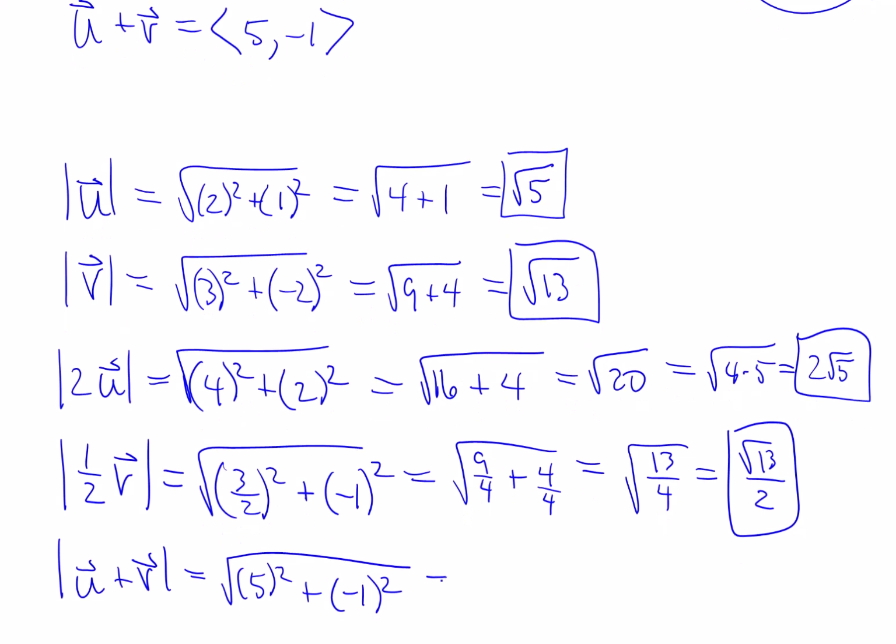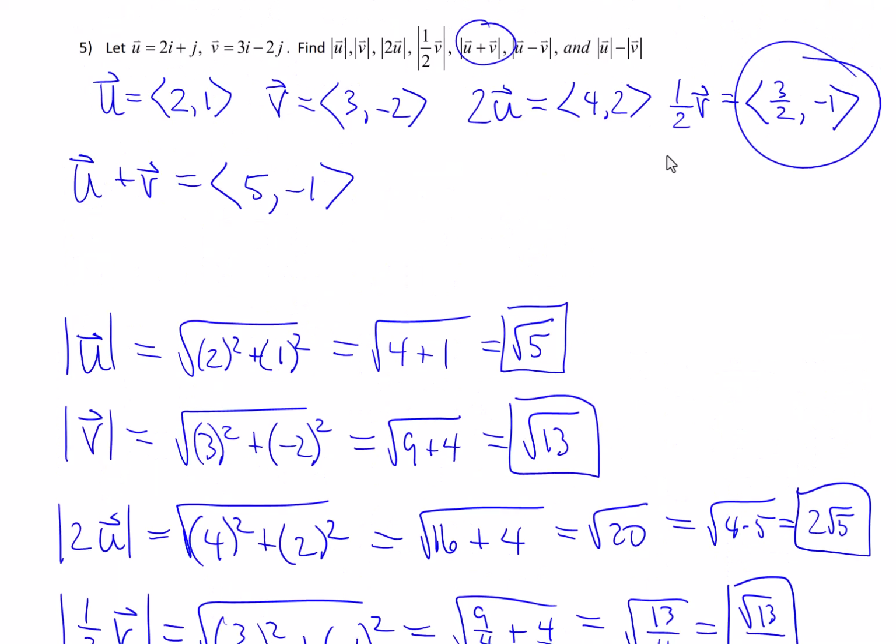And if we simplify this, we're looking at the square root of 25 plus 1, which is, of course, the square root of 26, which can't be reduced, so we'll just leave it as square root of 26.